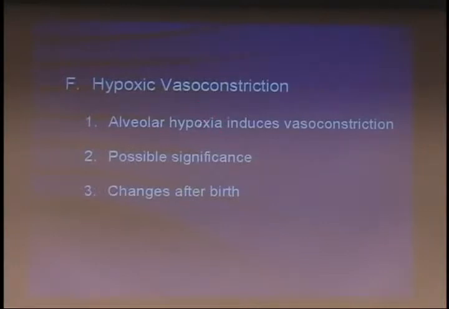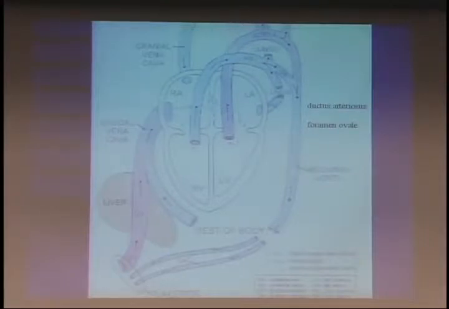You've eliminated the hypoxia with that first breath, raised the oxygen level, and the blood vessels in the lung vasodilate. And so with the first breath, blood begins to perfuse the lung because vascular resistance drops as that air is brought in.